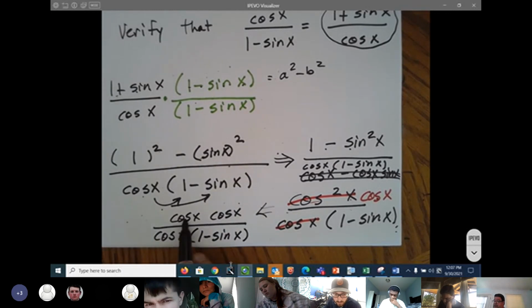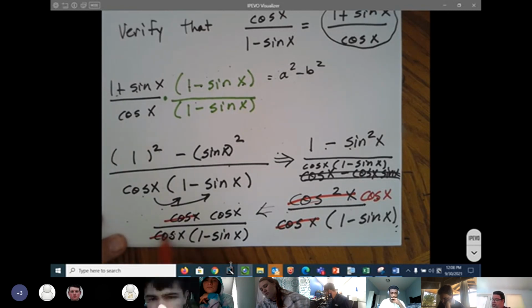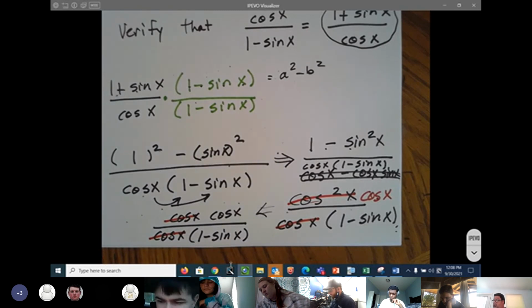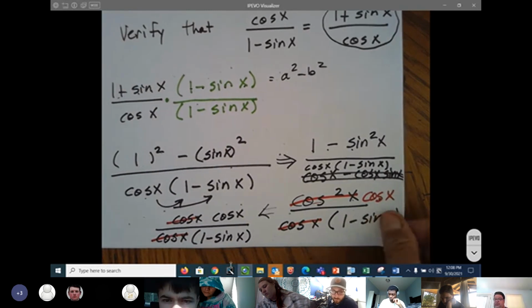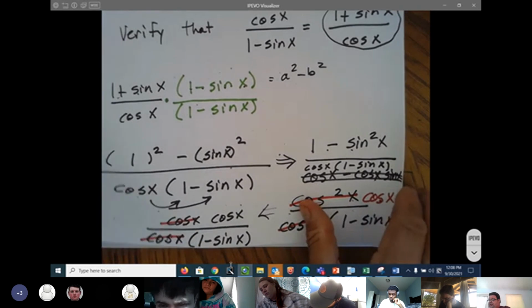And what happens to these two cosines? You cancel. That's right, class. So either way, you're going to get cosine of x over 1 minus sine of x.